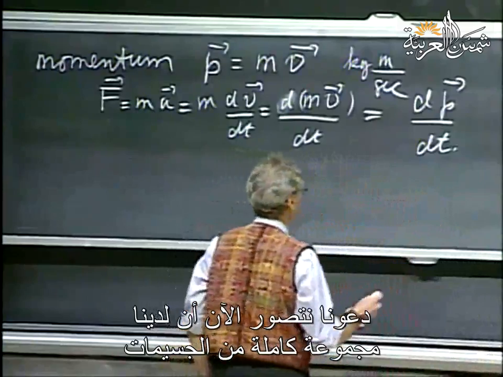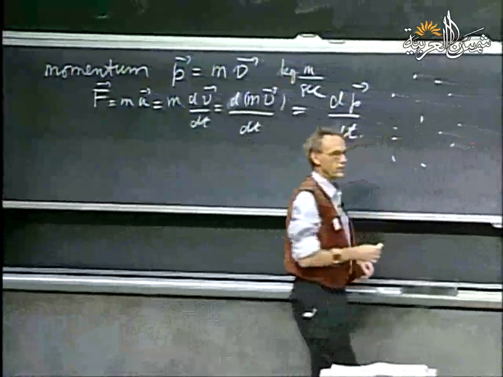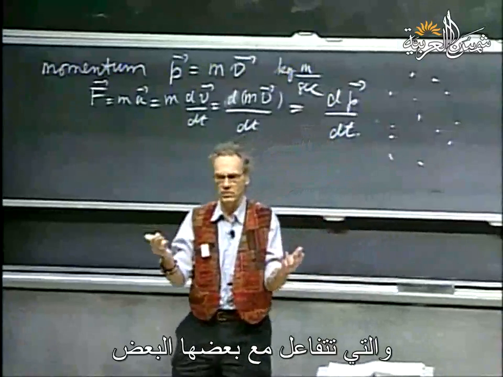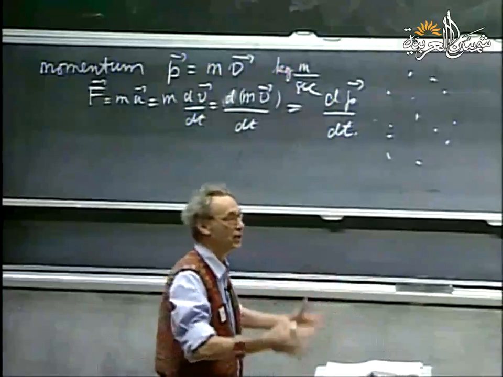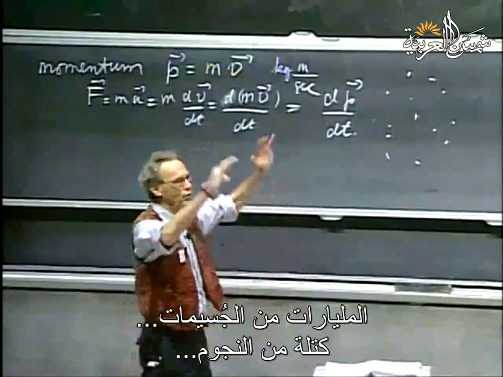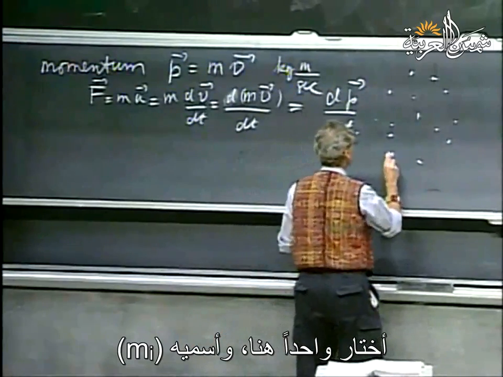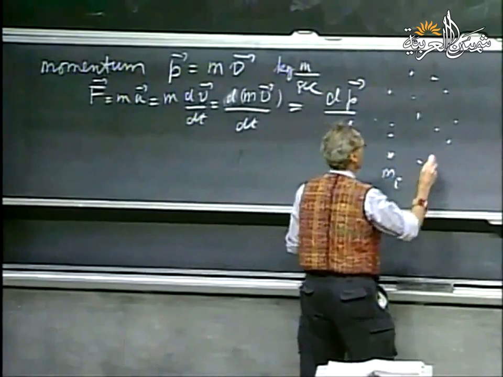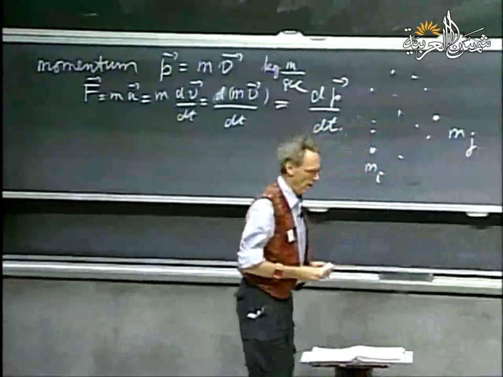Let us now envision that we have a whole set of particles which are interacting with each other. And the interaction could be gravitational interaction, could be electrical interaction, but they're interacting with each other. Zillions of them. A whole star cluster. I pick one here, which I call mi, and I pick another here, which I call mj.